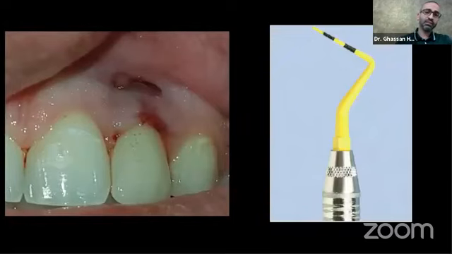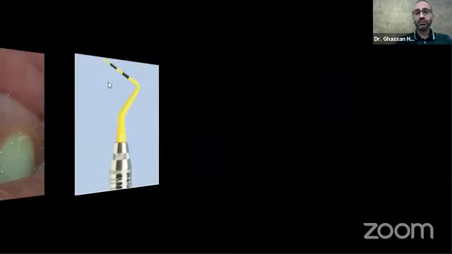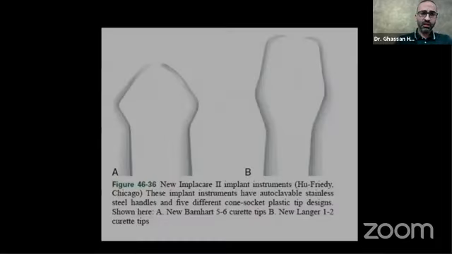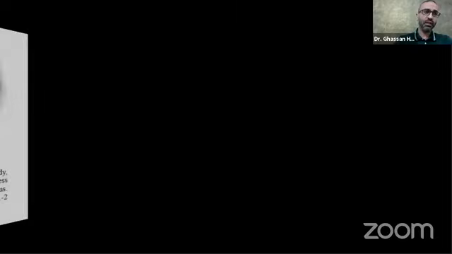It was 6 millimeters, and if we notice here, it's connected between the sulcus and the fistula. I started with non-surgical treatment. I used plastic sonic tips from Comet, and I used plastic curettes to clean the implant surface and the abutment surface.